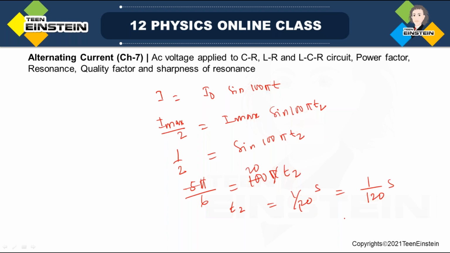If you want to make it in milli, make it 1000 over 120. This is millisecond.